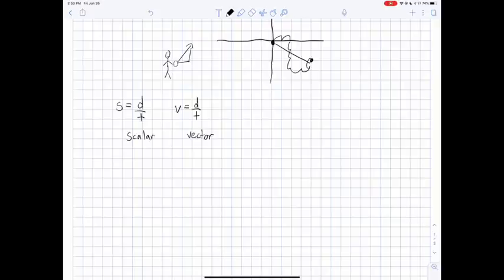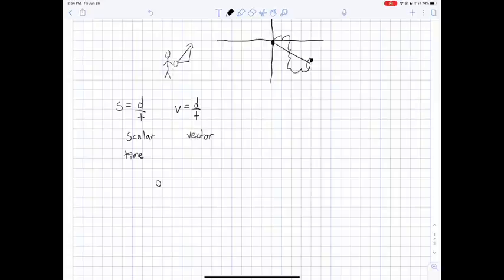If you guys are following. So for example, let's think of time, right? As far as we know, time only moves in one direction, forward. So it doesn't make sense for someone to say, oh, I am -5 seconds late. You just say, oh, I'm 5 seconds late. Because time doesn't have that negative direction to it. And that's what speed is.